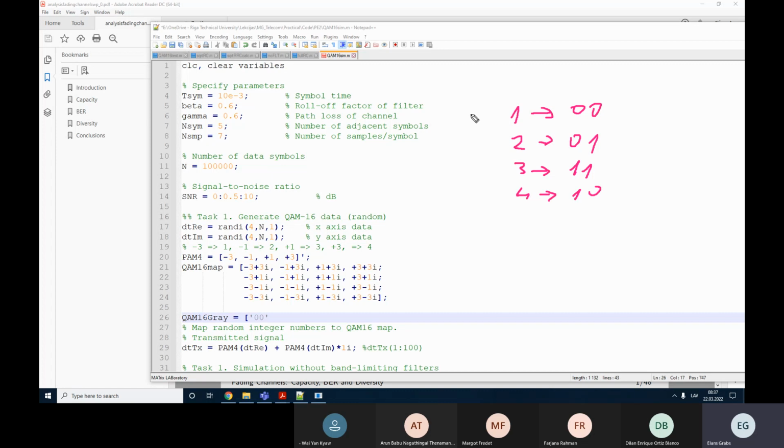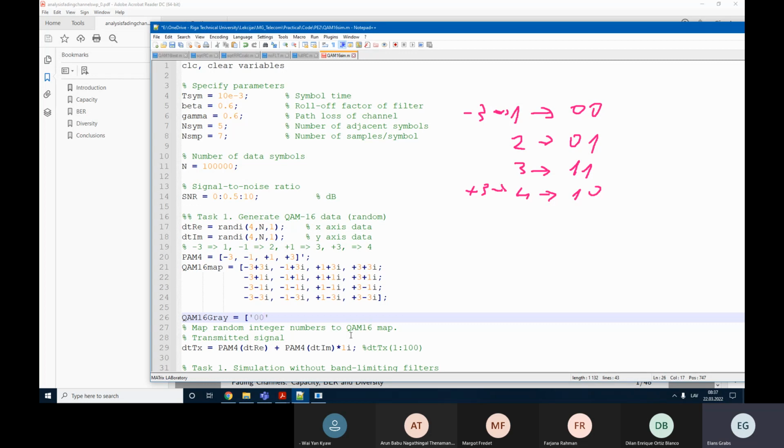Accordingly, this is -3, this is +3. So that would give us 00 and 10 for the first one. For the second one, this is going to be accordingly -1, which is 2, and it's 01 and 10.